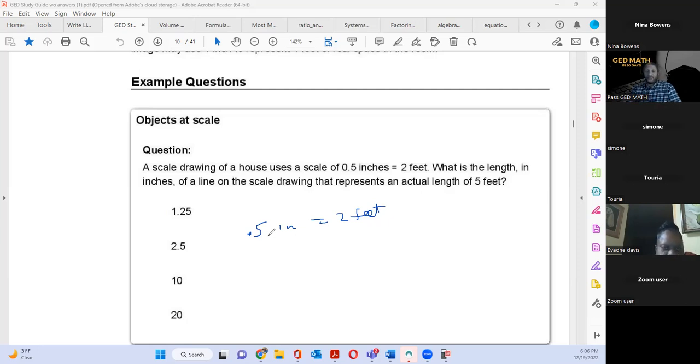Okay, listen to me carefully. It's 1/2. 0.5 is 1/2. So if 1/2 is 2 feet, how much is 1 inch?